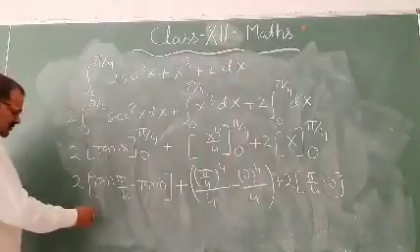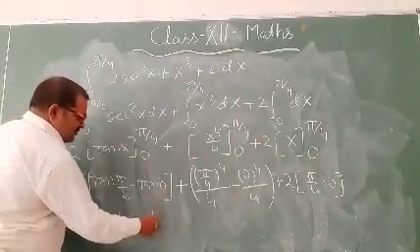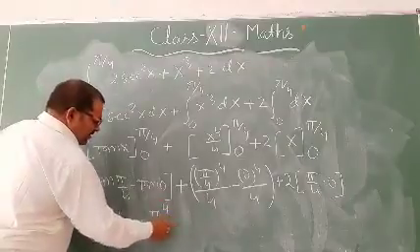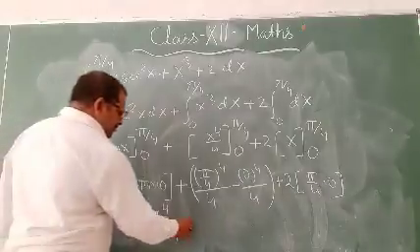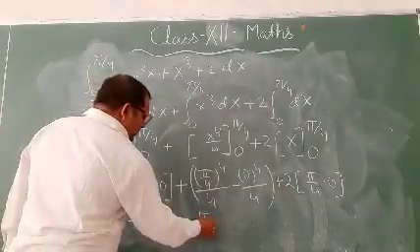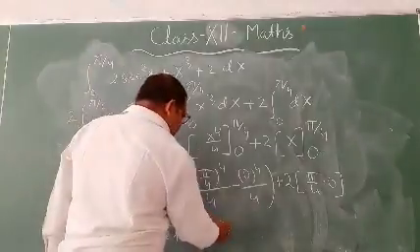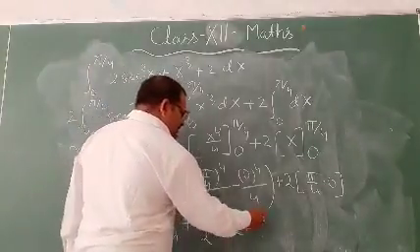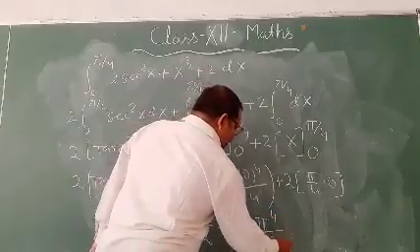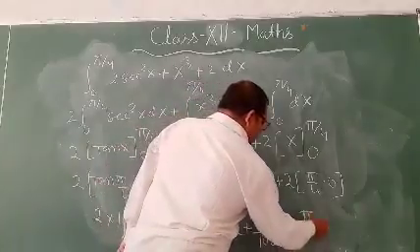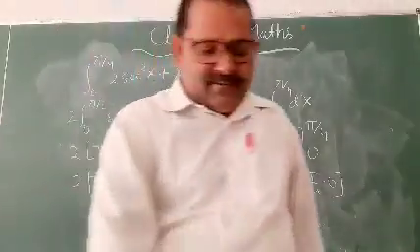So that's equal to 2 into 1 plus pi power 4 upon 1024, plus pi by 2. Now equal to 2 plus pi power 4 upon 1024 plus pi by 2. Clear? Okay.